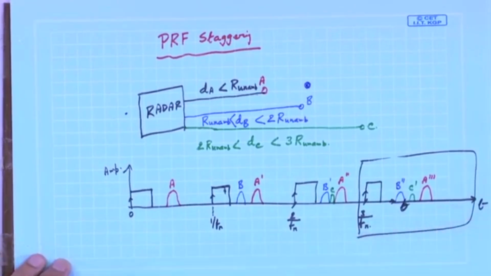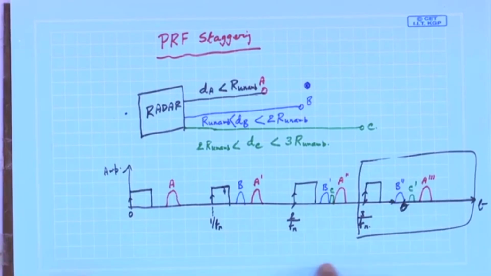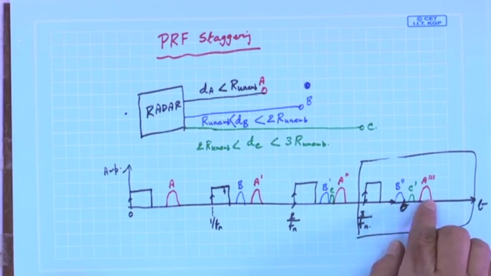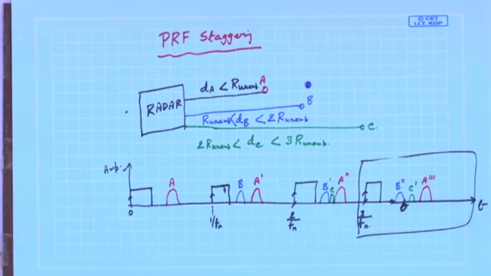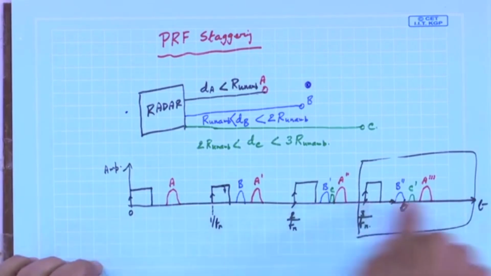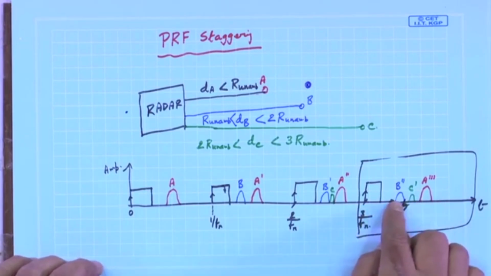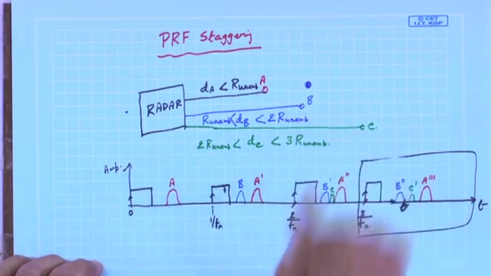Now, from here what will be the inference of the radar? Radar will say B is the closest, C is the next one, and A is this. But how do I know? Here only A's range is measured correctly, and there is ambiguity in the measurement of B and C objects.